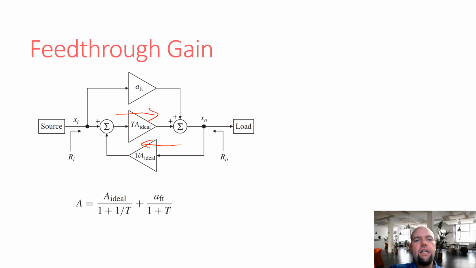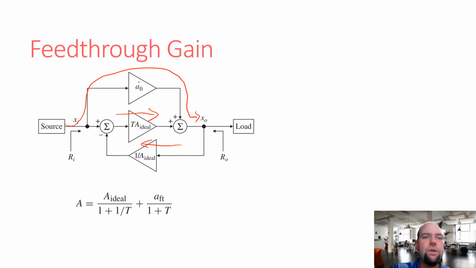Signals don't just pass through these op-amp networks by traveling through the open loop gain and back through the feedback gain. You also have some signals that travel directly from the source to the output of the network, as a result of the input to output being a connected set of resistors. In the ideal case, this signal gets nuked by the terminal assumptions. But in the non-ideal case, that's not true.